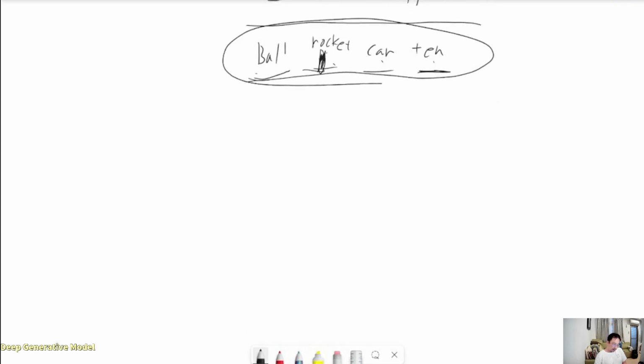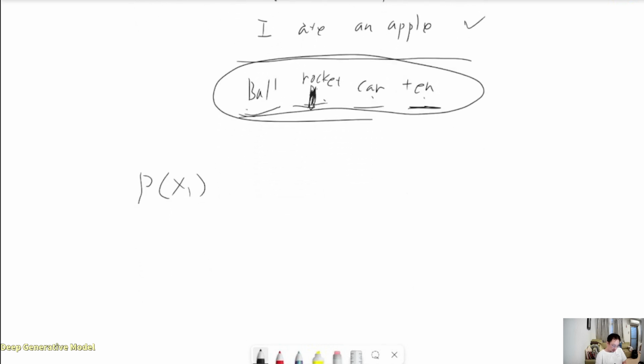One way to do that is to first compute the probability using statistics. We collect 1 million, 10 million, or 1 billion samples of that kind of sentence, and we simply do the statistics on the first word.